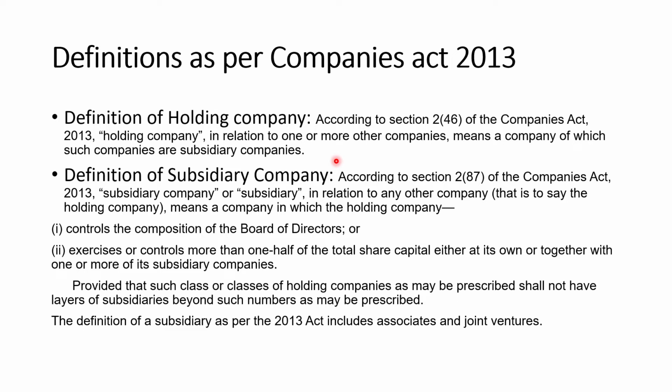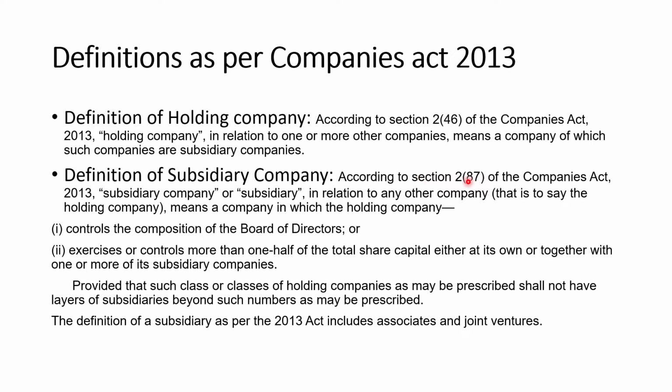The Companies Act 2013 has not given a clear definition of holding company. The meaning of holding company can only be understood by going through the definition of subsidiary company. So we should have a look at the definition of subsidiary company as per the Companies Act.